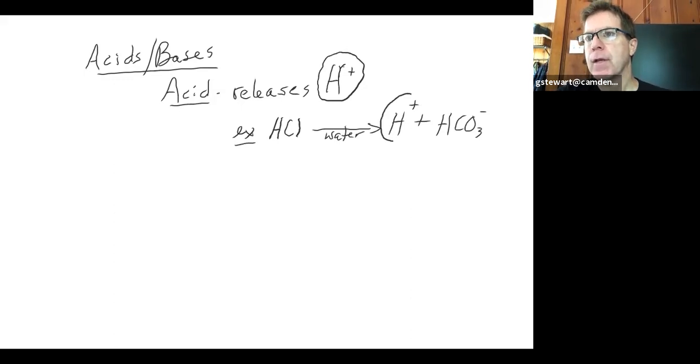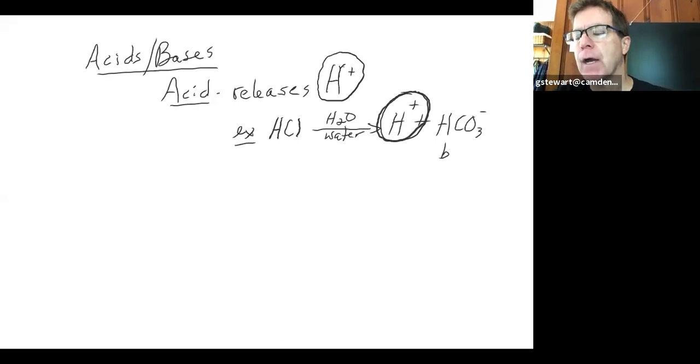This creates an acidic environment. We know water is H2O. When HCl and H2O combine, it breaks off this hydrogen ion, creating an acidic environment.